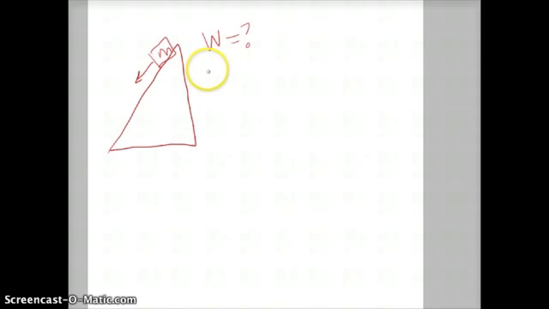Well, what we have is F net is going to change a little bit, because in this case, if we draw our free body diagram, we're going to see that we have mg sine theta pointing down the hill, just like before, but this time friction is going to be pointing in the other direction.